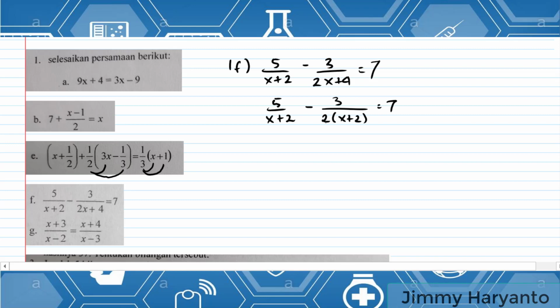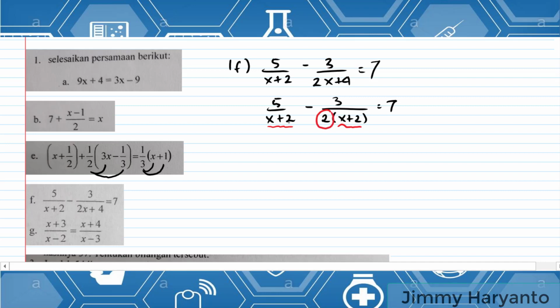I factorize the 2, so the result will be x plus 2. When you factorize, it means divide 2x plus 4 by 2, so x plus 2. And then look at this, we have the same common denominator, x plus 2. So you don't have to add x plus 2 both sides, you have to make the 2 equal.